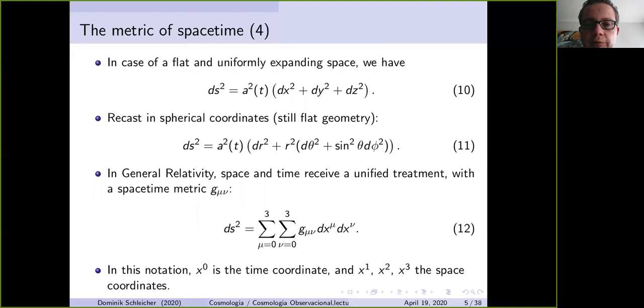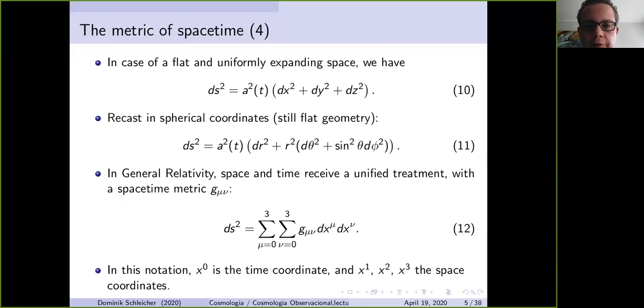So we have some factor a square of t that we put in front of the sum of the squares. And in that way, the function a will determine how our line element is expanding over time, how it either grows or shrinks. And the dynamics of a of t decides how all the scales are changing in the universe.